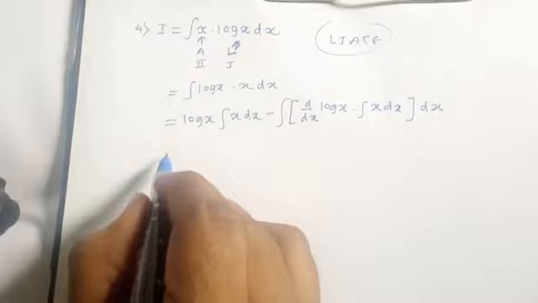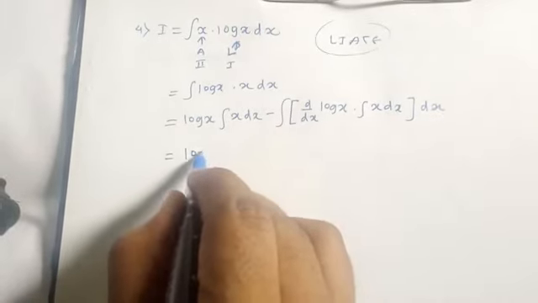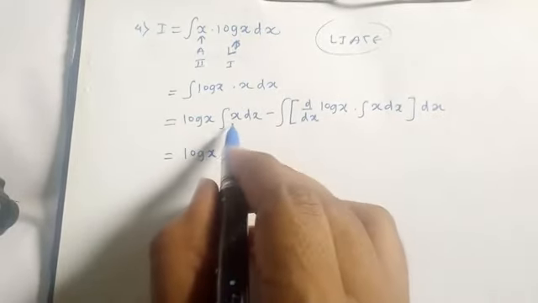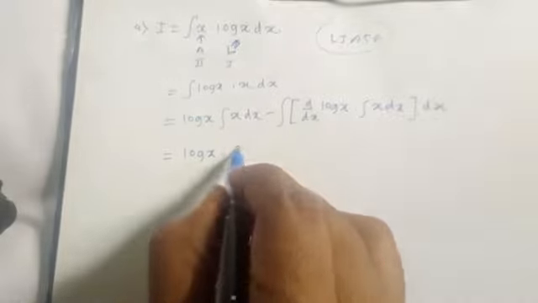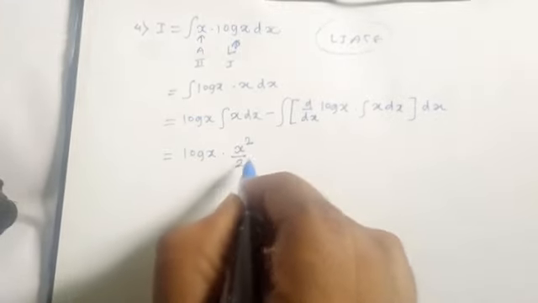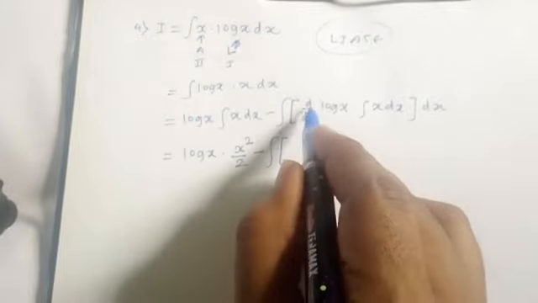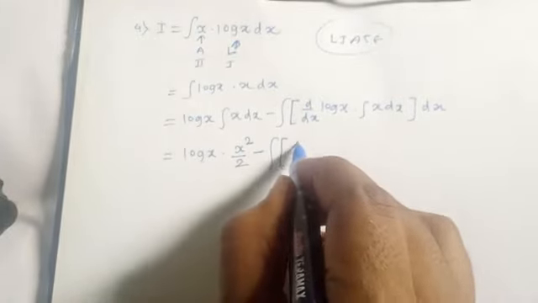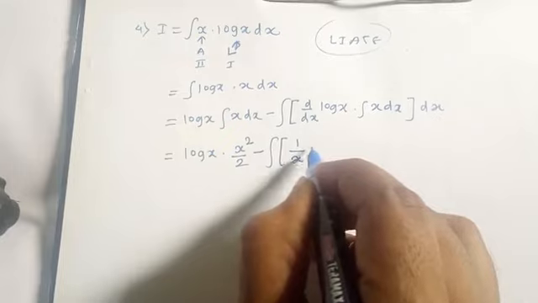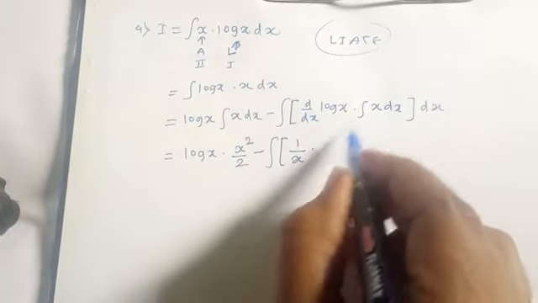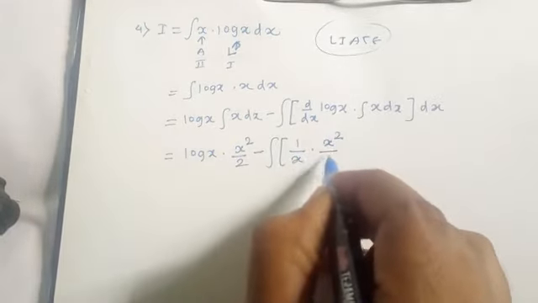So that is equal to log x as it is into the integration of x. The integration of x is x square upon 2, minus the integration of the bracket: the derivative of log x, which is 1 upon x, into the integration of x, that is x square upon 2.